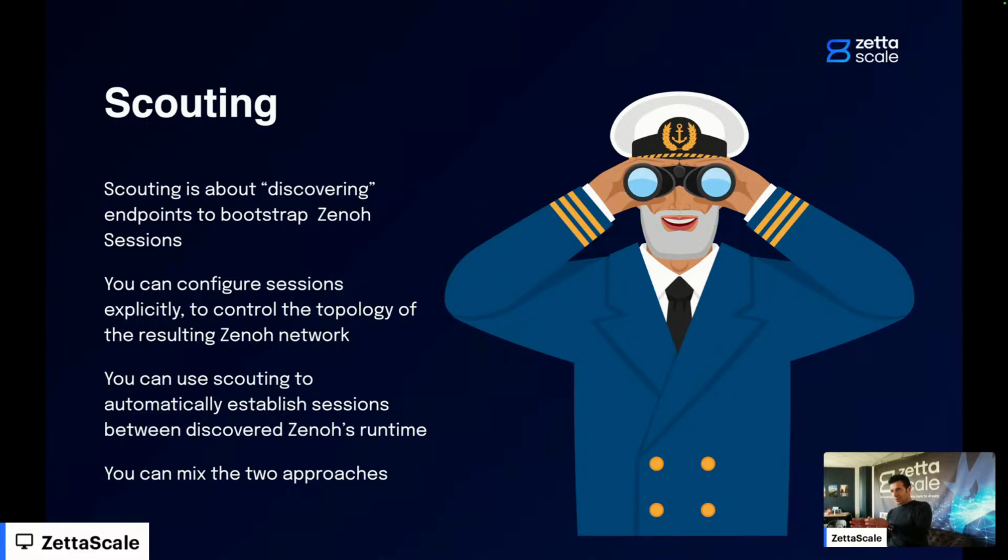We use scouting in order to bootstrap the Zenoh protocol, because in Zenoh, in order to do anything, we need to establish a session. To establish a session, we need an endpoint. And the question is, how do we find out the endpoints of runtimes that are sitting somewhere? We will see what that somewhere could be, depending on the scouting that you are using.